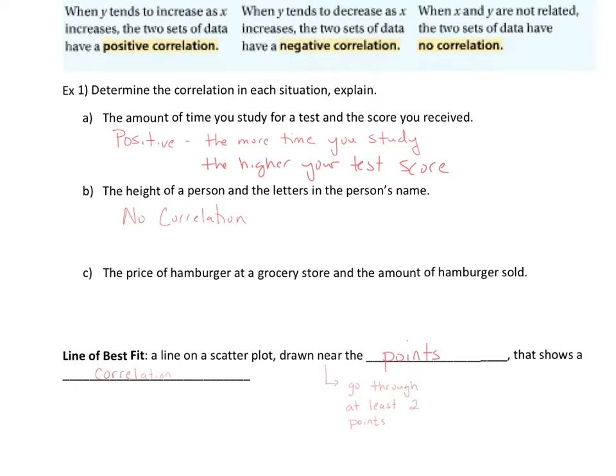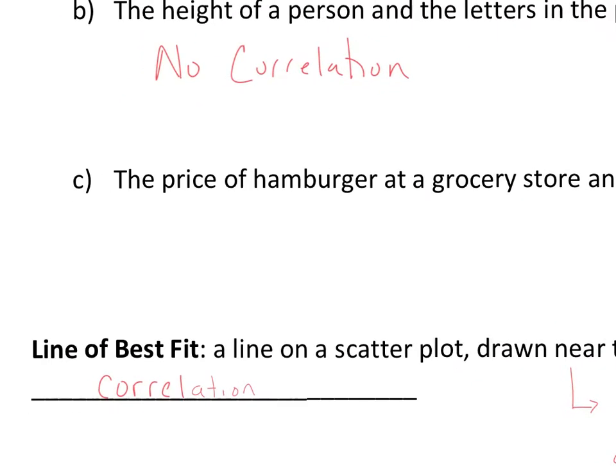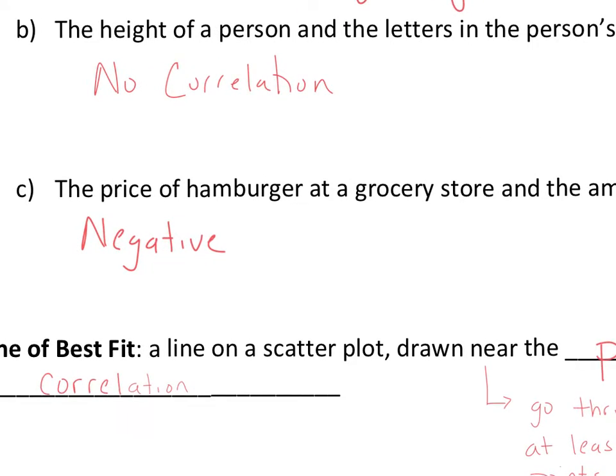Now, if hamburger prices were to skyrocket, then we see demand go down. Hamburgers are really expensive, so we have a tendency not to buy as much. So in this case, as one thing is going up, the other one is coming down. So this is going to be a negative correlation.